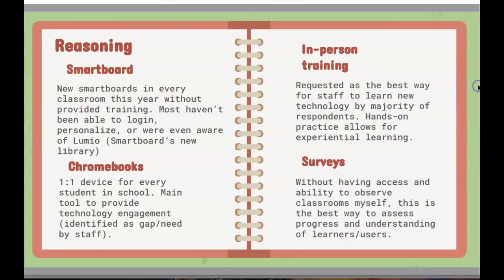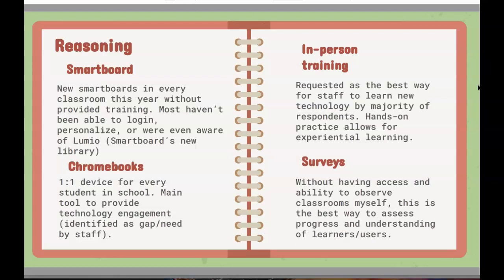Okay, let's go. Reasoning. Okay, the smartboard in every classroom this year without provided training. Yes. Most haven't been able to log in. Yeah. Chromebooks, one-to-one, main tool to provide technology engagement. Okay, so this is identified as a gap or a need by staff. Well done there.